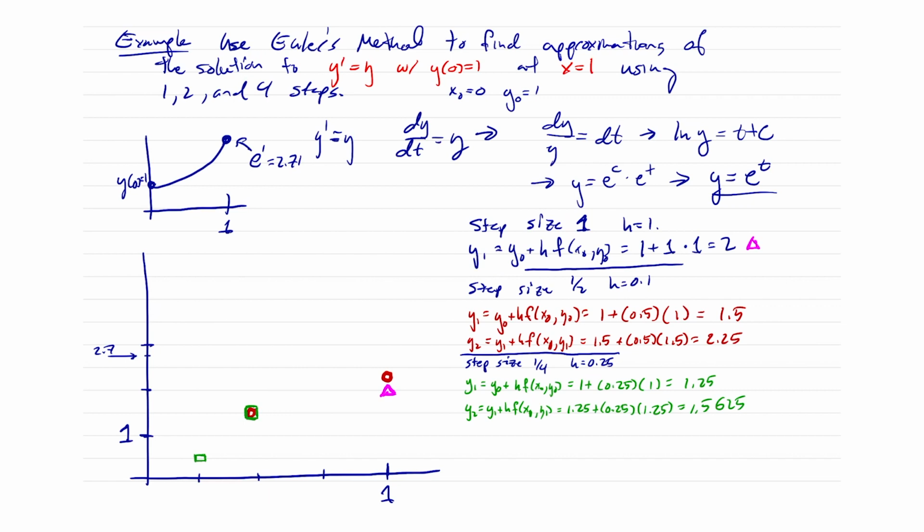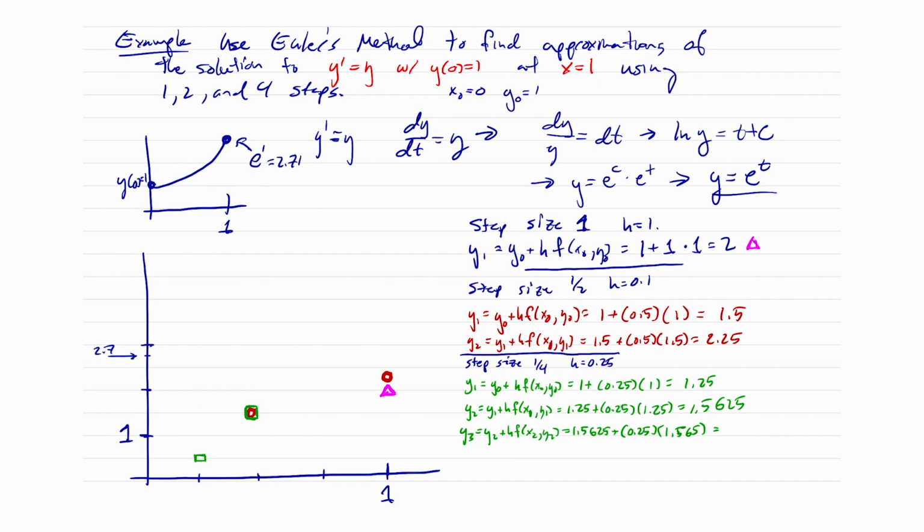Now let's do the next one. So we have y3 is equal to y2 plus h times f of x2, y2. And so this is 1.5625 plus 0.25 times 1.5625, and excuse me, while I put this in the calculator.